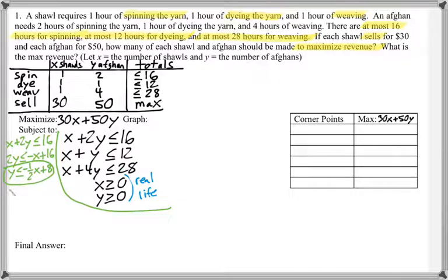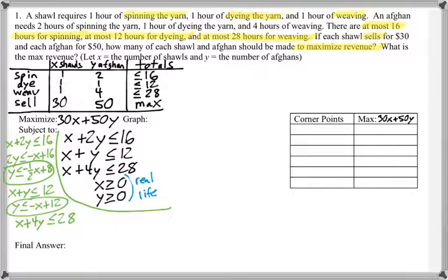The next one is x plus y is less than or equal to 12. If I just subtract x from both sides, then y is less than or equal to negative x plus 12. And then lastly, x plus 4y is less than or equal to 28.